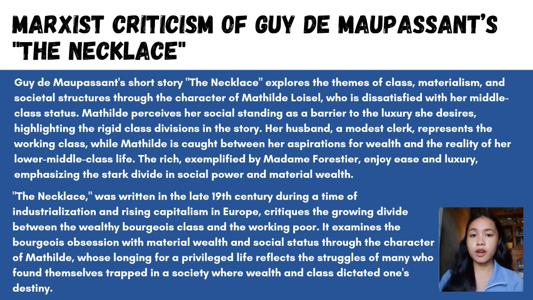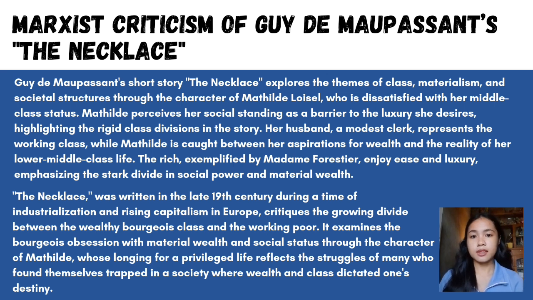As you can observe in the first paragraph, it introduces the key themes such as class, materialism, societal structures, and the main characters to establish the context of Marxist analysis. So this paragraph lays the foundation of a Marxist reading by setting up the characters and their relationships within a class-based society.